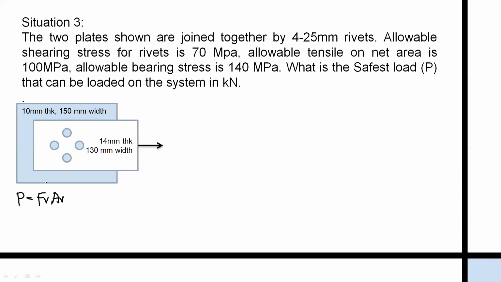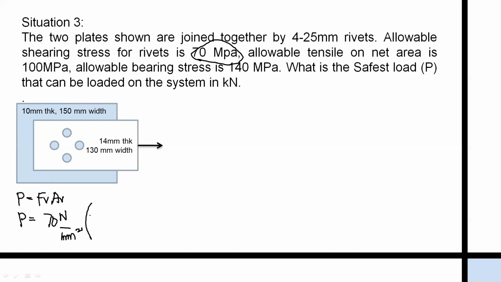And this is just a single shear because we only have two plates placed together. So our P will be 70 megapascals, or 70 Newton per square millimeter.